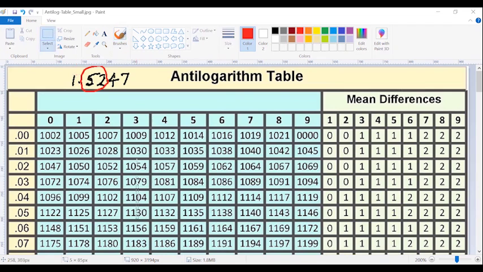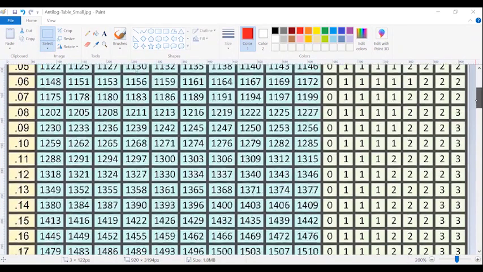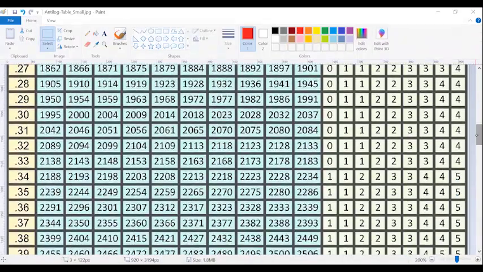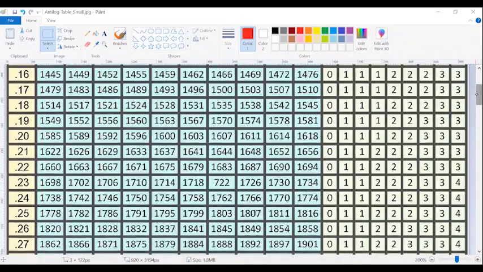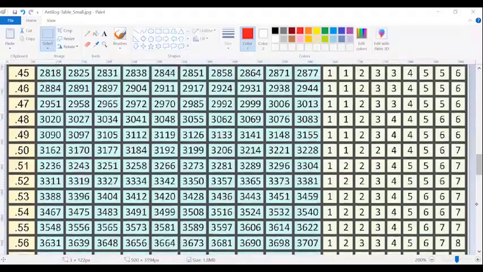So we will move to the 0.52 column and move down.